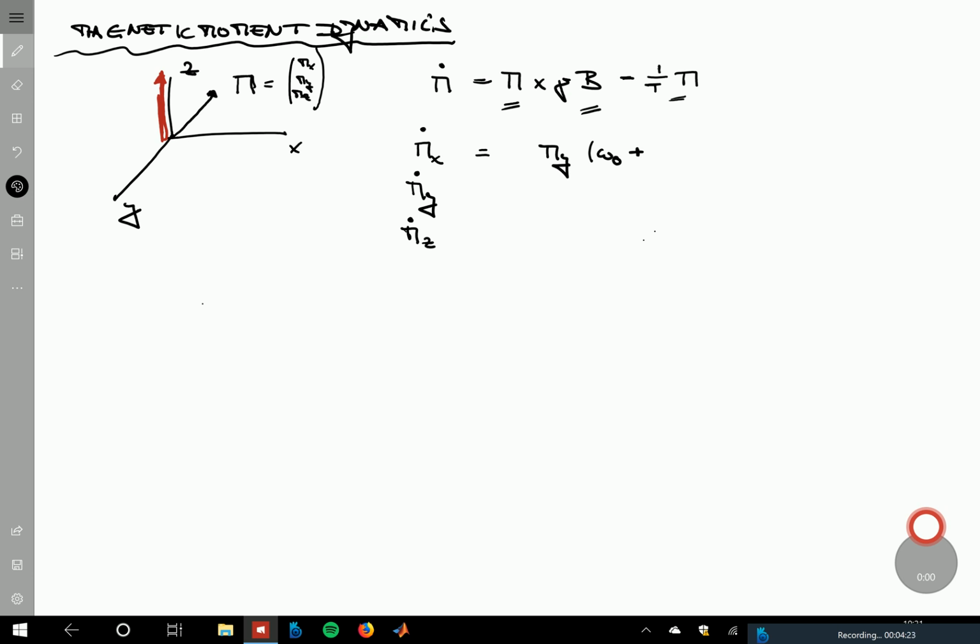If one multiplies this with the gyromagnetic constant gamma, then we get this omega 0 plus the gyromagnetic constant and this space and time varying magnetic field, minus the T2 time constant of mx, and here minus mx times the same thing.